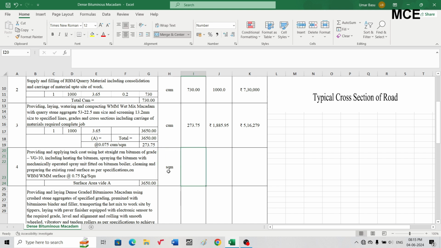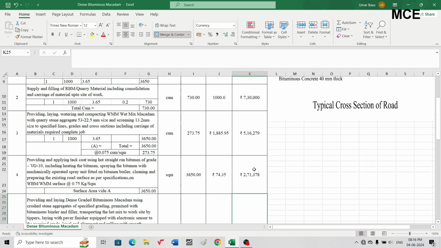So quantity for this, that is the surface area of the road, is 3650, and the rate for this item in SOR is 74.35 rupees per square meter. So the amount will be 3650 multiplied by 74.35, press enter, which is 2,71,378.